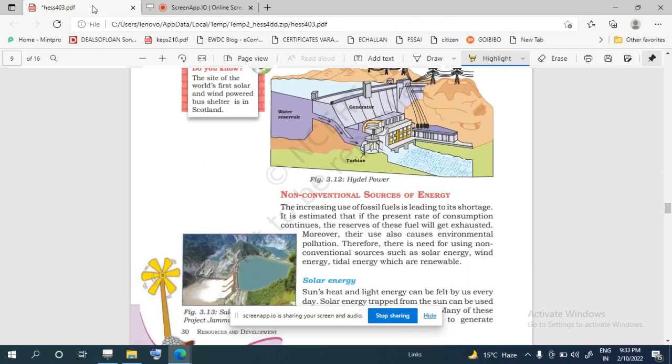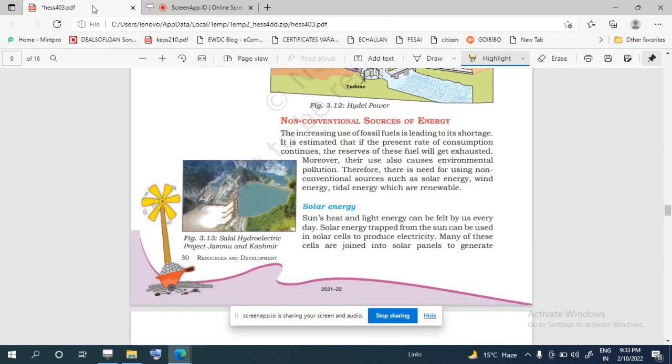So now we will talk about the non-conventional sources of energy, and in this we see that nowadays so many new sources of energy have started, and we are using new sources of energy in recent years because the fossil fuel, which was used as a leading source of energy till a few years ago, and still today we are using it as a leading source of energy, but it is exhaustible.